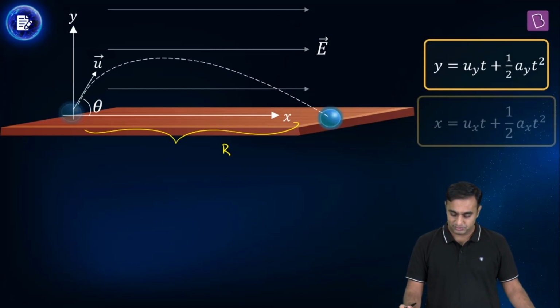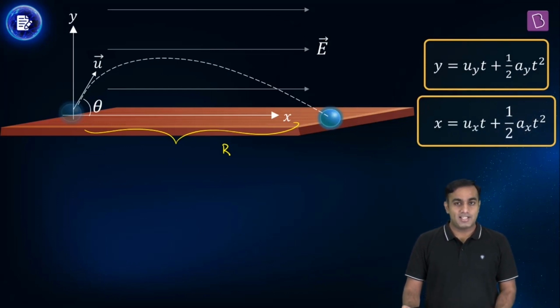Well, along the x-axis, you can take x is equal to u_x t plus half a_x t square. And along the y-axis, you can take y is equal to u_y t plus half a_y t square. The initial velocity u can be resolved into two perpendicular components.